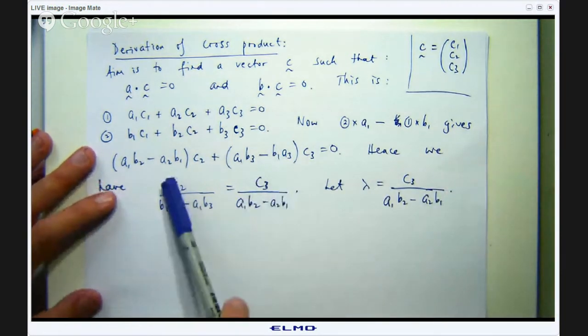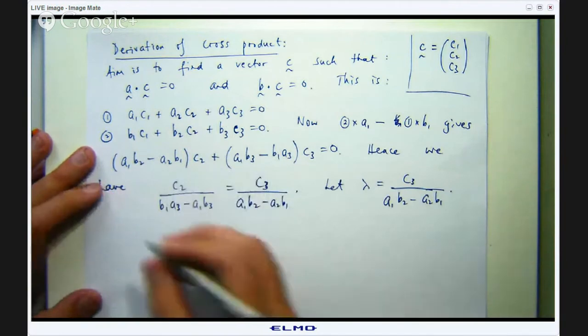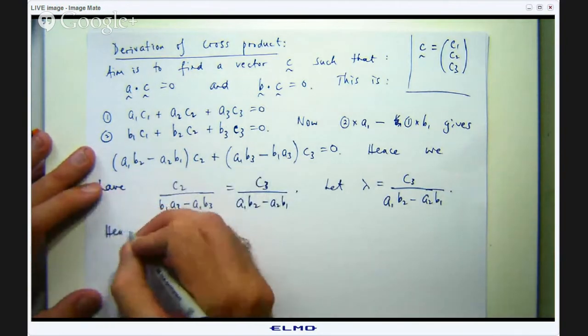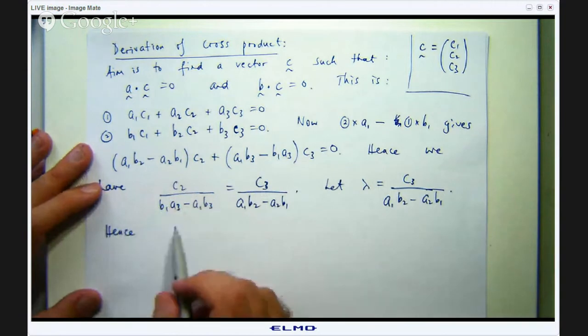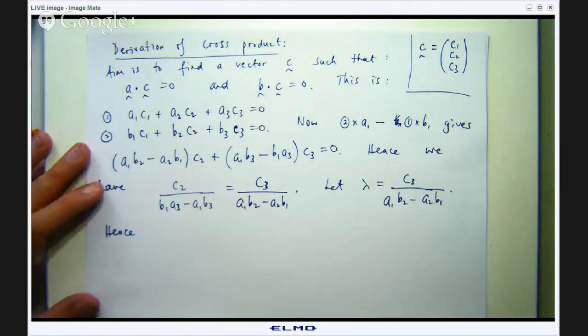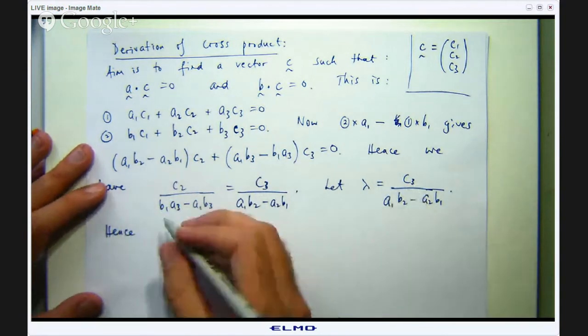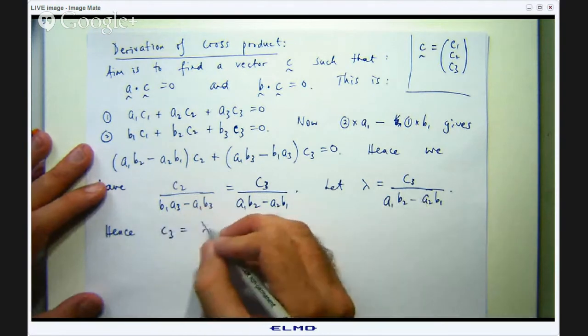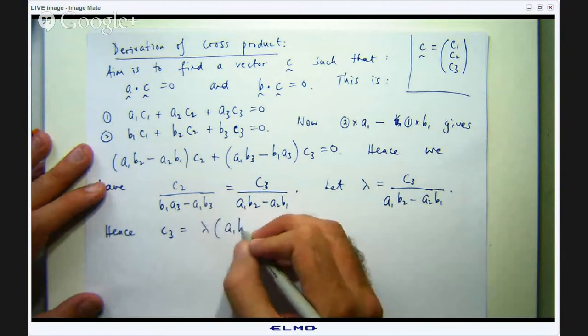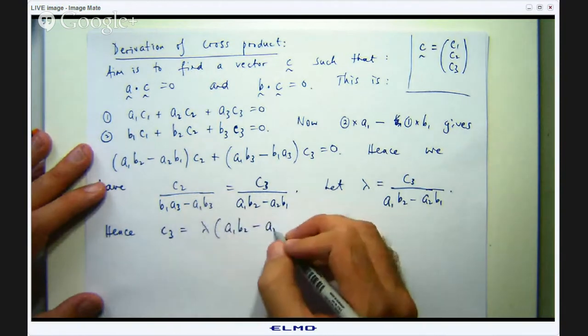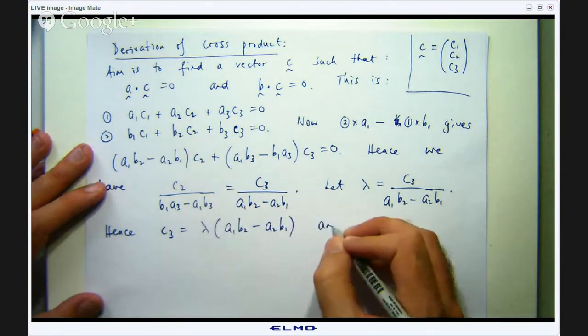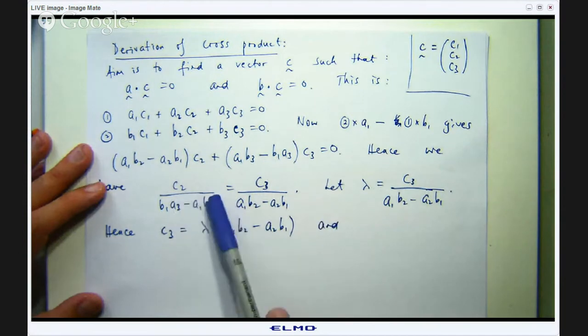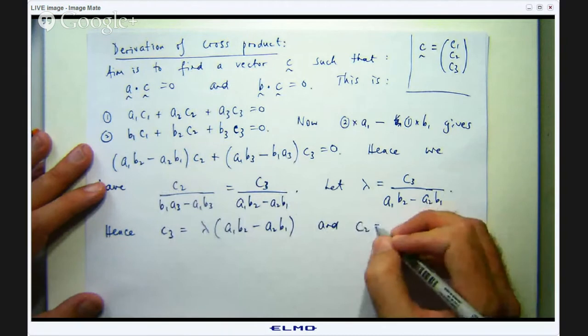Well, if that's lambda, I can make C2 the subject, and I'll come up with an expression for C2. And of course, if that's the case, then C3 equals just lambda times this. And so from here, this is lambda, so if I take this up there, I'll get an expression for C2.